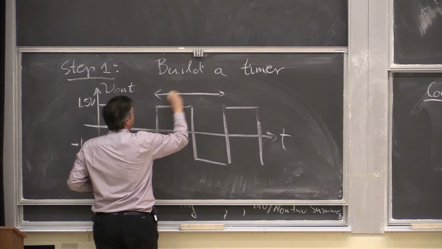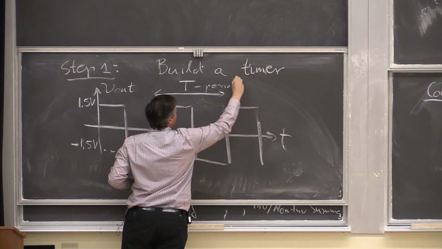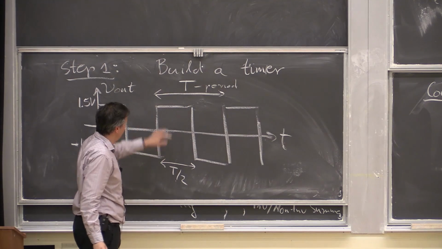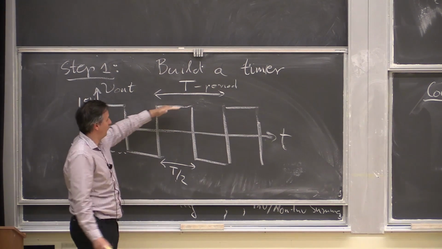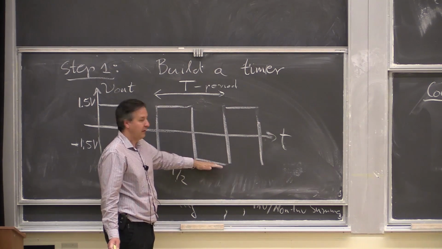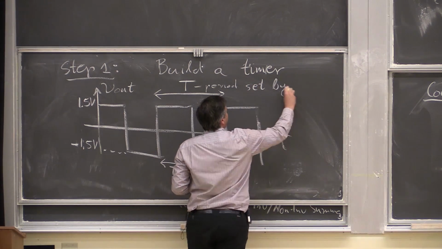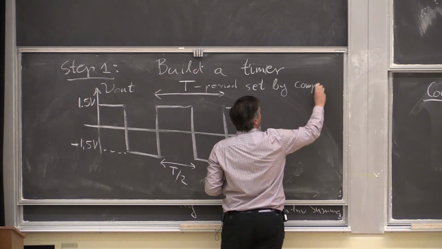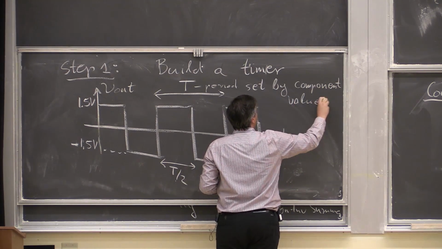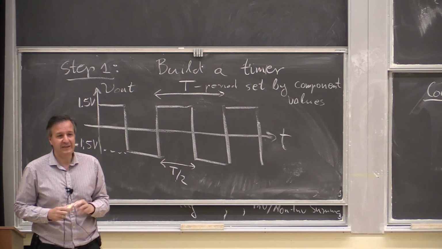This we're going to call a period T. This here will be half period. So half of the period, the voltage is high, 1.5 volts, half it is minus 1.5 volts. Okay? And this period T is set by component values. So that's a very detailed specification.